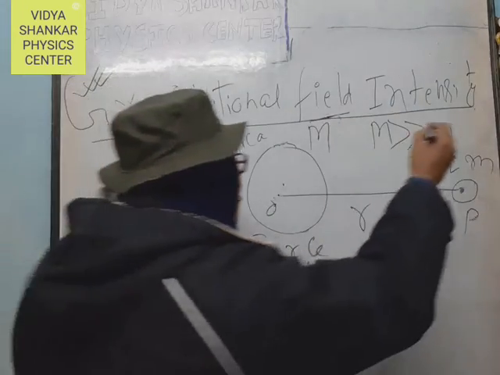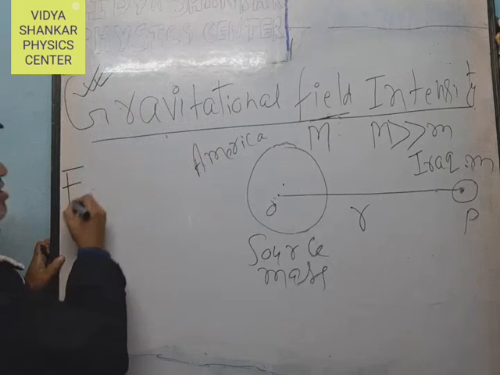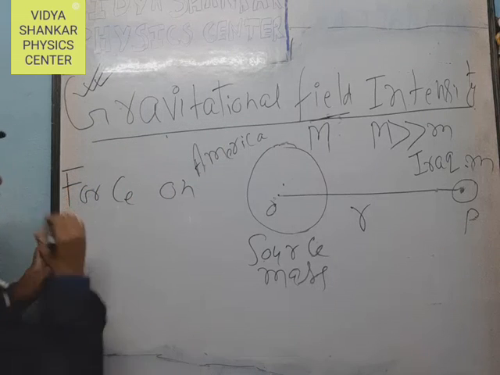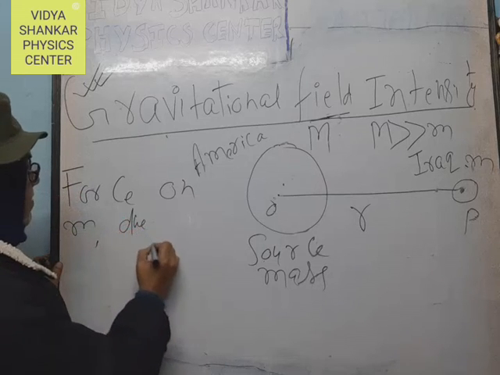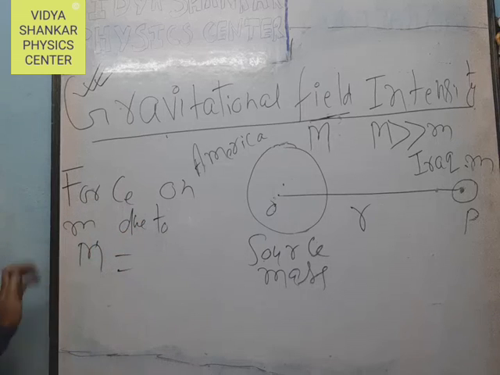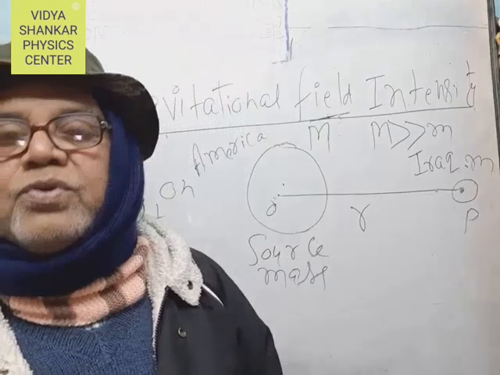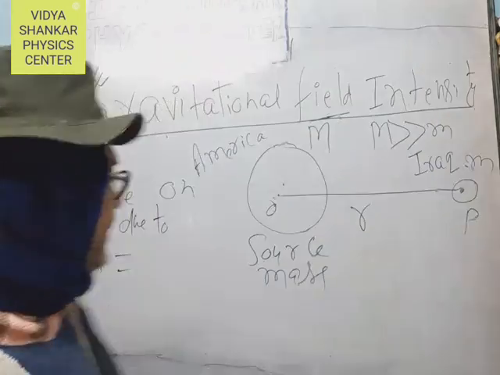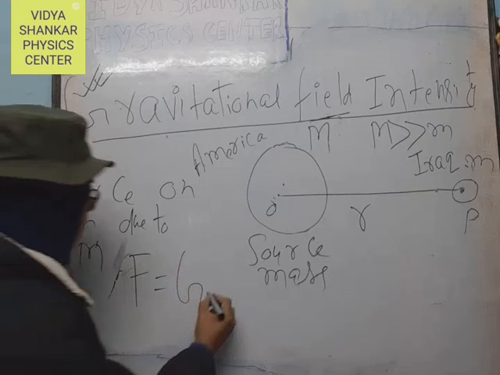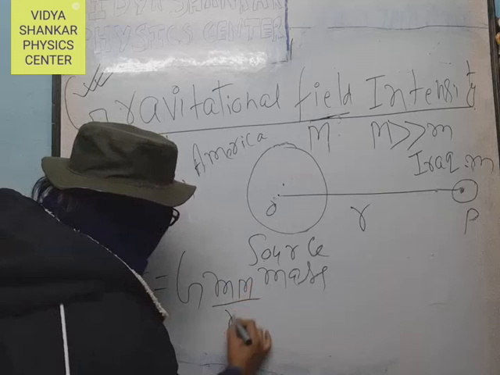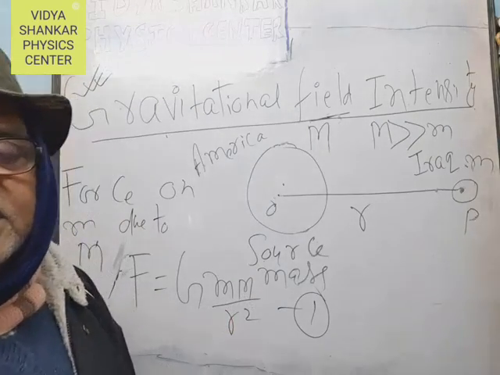Now again, the force on Iraq, the force on small m due to capital M. Force on a small body due to a big body is F equals G small m capital M upon r squared, following Newton's law of gravitation.